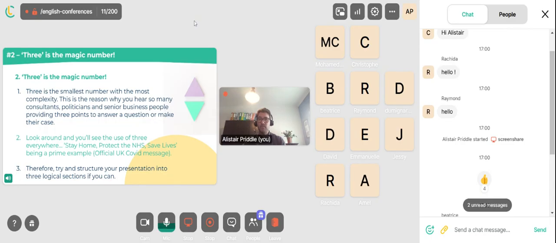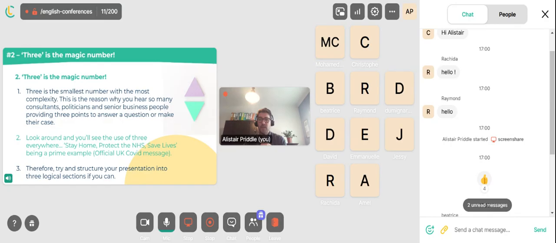Okay, number 2. 3 is the magic number. 3 is the smallest number with the most complexity. This is the reason why you hear so many consultants, politicians, and senior business people providing 3 points to answer a question or to make their case. Look around and you'll see the use of 3 everywhere.